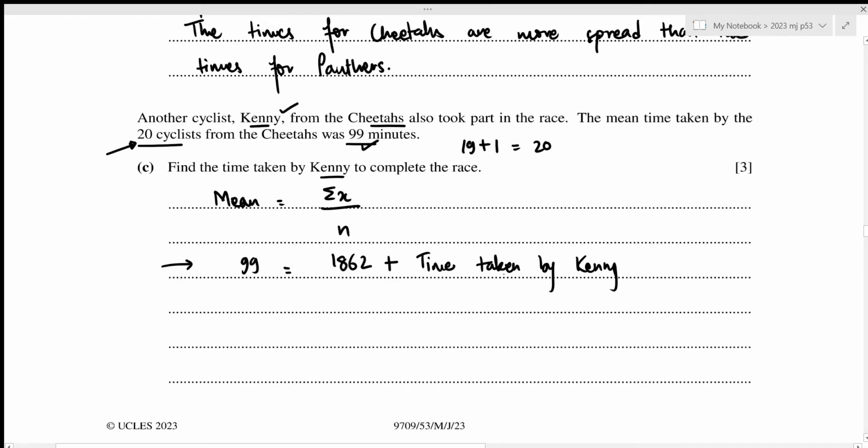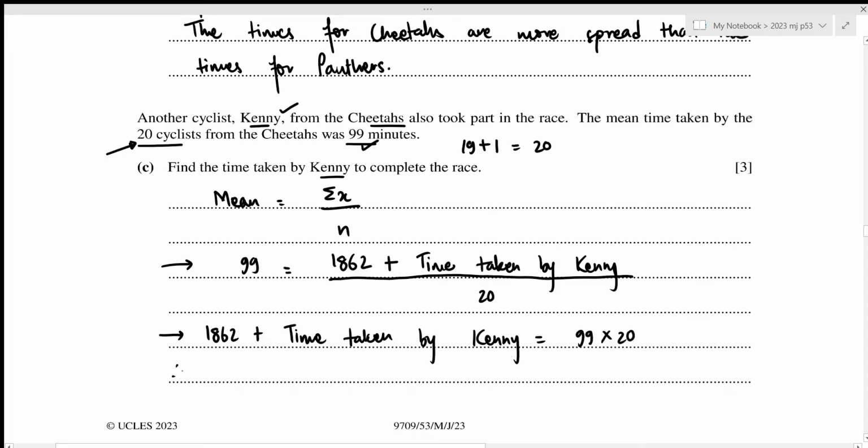Now the value of n in this case is 20 because we are taking the sum of 20 different observations, which means that 1862 plus time taken by Kenny will be equal to 99 times 20, which means that the time taken by Kenny will be 99 times 20 minus 1862, which gives the value of 118. So Kenny took 118 minutes to complete this race.